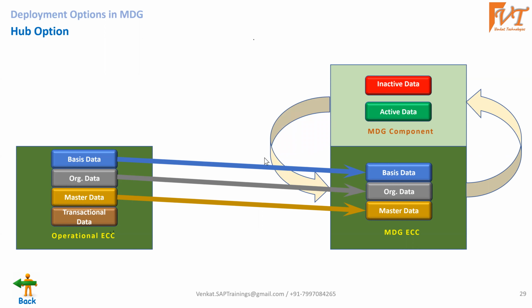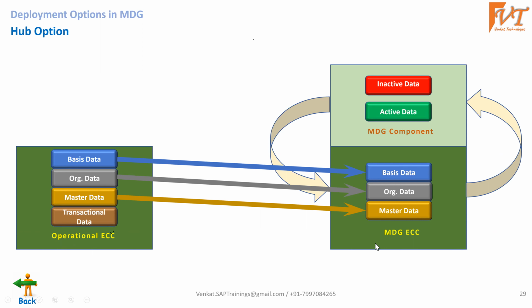Now, what is the core difference between co-deployment and hub scenario? In co-deployment, on top of our transactional system itself, we are installing the MDG component. But in hub scenario, we are not going to install or implement MDG on our transactional systems.